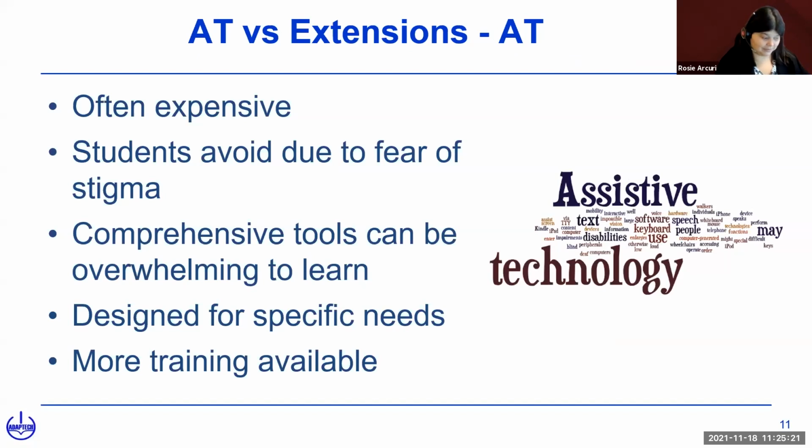So let's talk about assistive technology versus Chrome extensions. This is what we thought might be the case: in general, Chrome extensions can be a lot less expensive than traditional assistive technology tools. Not always the case, but it can be less expensive. And it might be helpful for students because it is made for the general public.